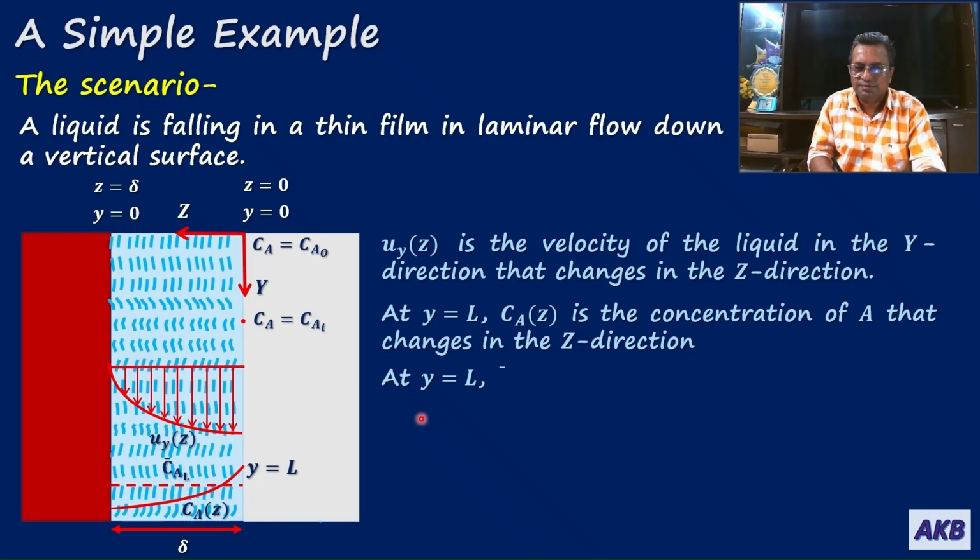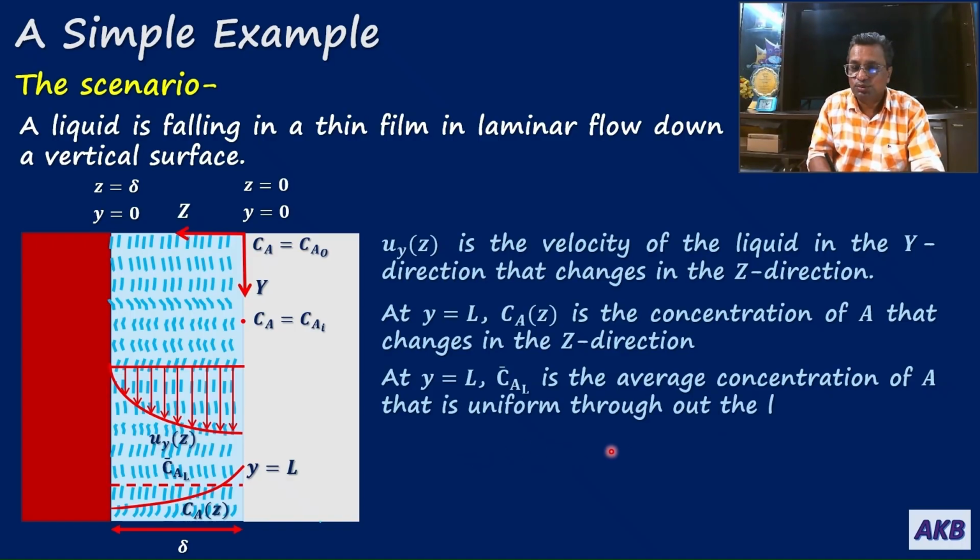So at y is equal to L, Cal bar is the average concentration of E that is uniform throughout the liquid film, whereas Ca is changing with z. How it changes, I have shown over here.